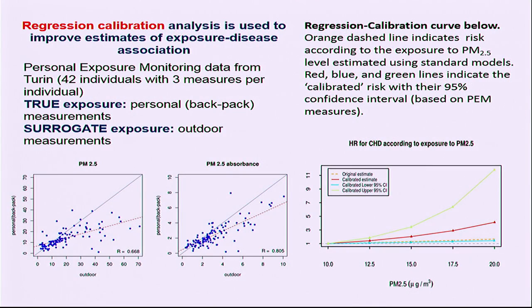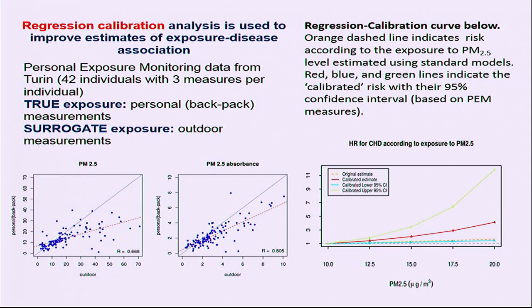Then in Exposomics we apply this concept of regression calibration. What does it mean? This is also part of the exposome concept because, as I said before, the whole idea of the exposome was suggested by Chris Wild because of the limitations of current exposure assessment with the tools that epidemiology now has.